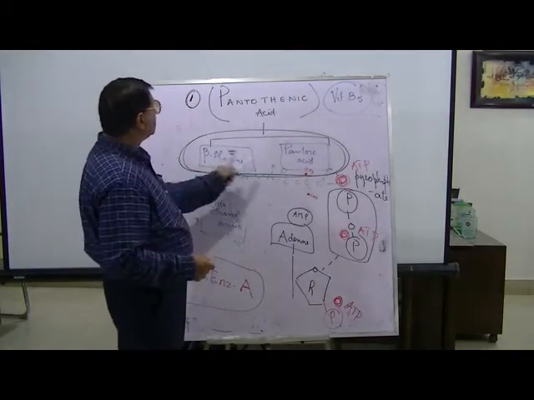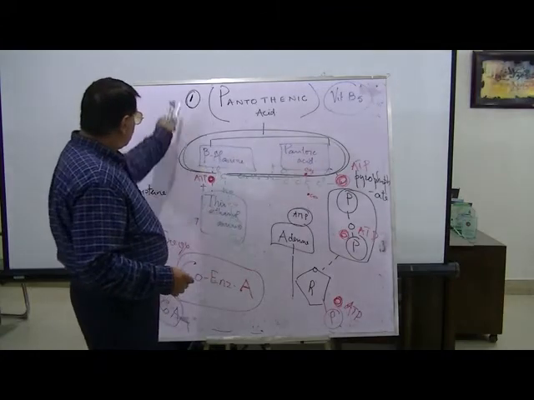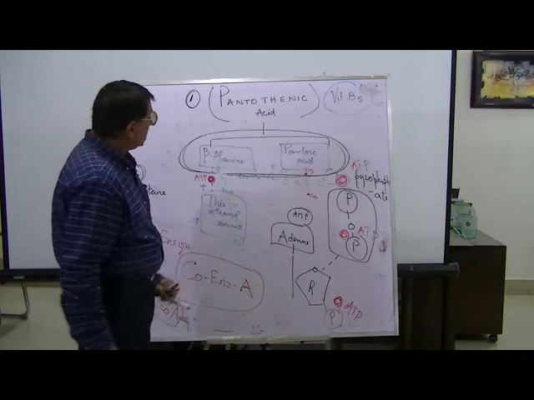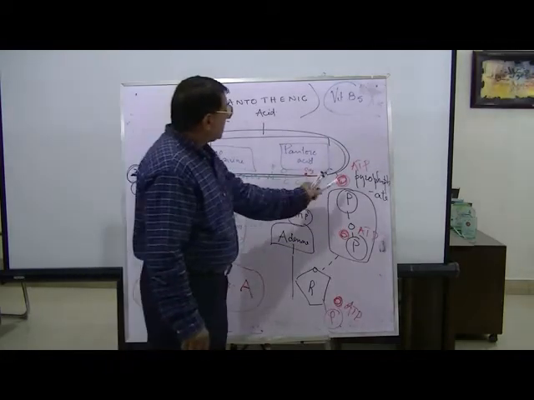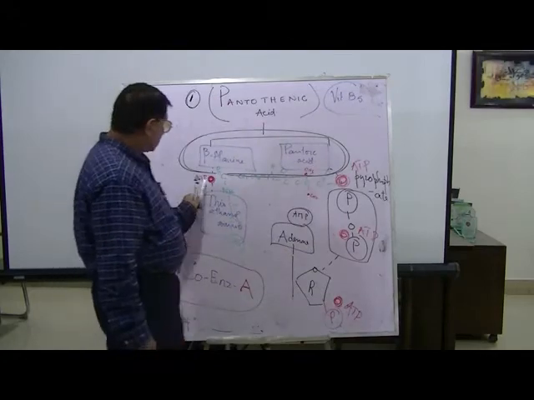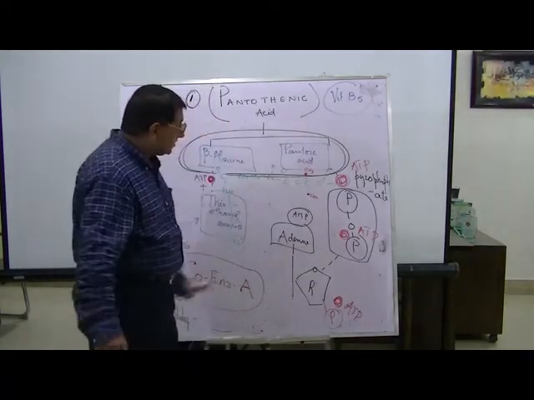So this is pantothenic acid attached to thioethanolamine on one side, attached to a phosphate group. Both these reactions require ATP, so 2 ATPs involved.